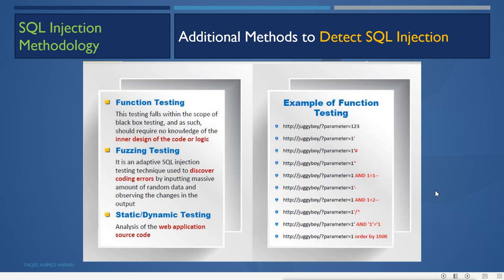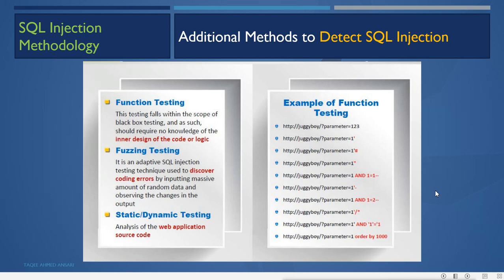Then we have some additional methods to detect SQL injections, like function testing. This testing falls within the scope of black box testing, and as such should require no knowledge of the inner design of the code or logic. Then fuzzing testing is an adaptive SQL injection testing technique used to discover coding errors by inputting a massive amount of random data and observing the changes in the output.